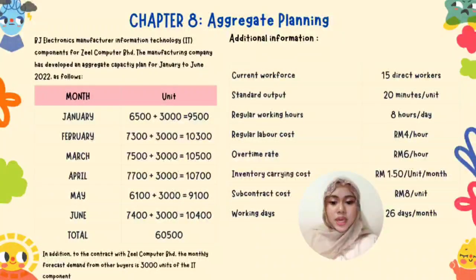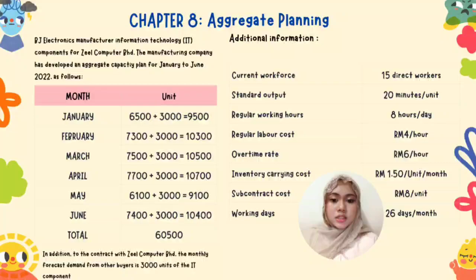In addition to the contract with Zil Computer Berhad, the monthly forecast demand from other buyers is 3,000 units of IT components. So the first step is we need to find the total forecast demand, from January until June.